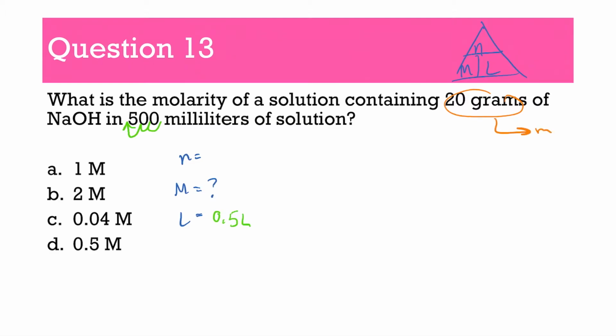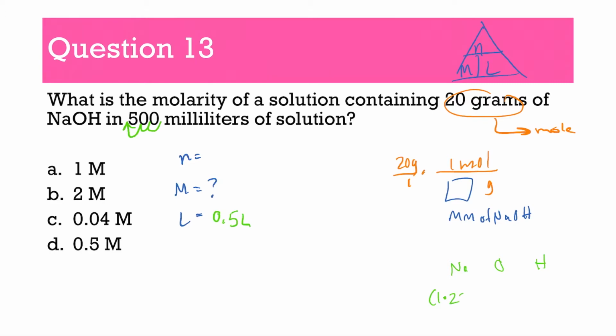And now we need to convert this 20 grams to moles. So we have 20 grams over 1 mole in grams. And in this blue box is the molar mass of NaOH. But unlike the previous question, it was not given to you, so we need to find it. So we have Na, O, and H. The mass of Na, according to the periodic table, is 23, and we have one of them.